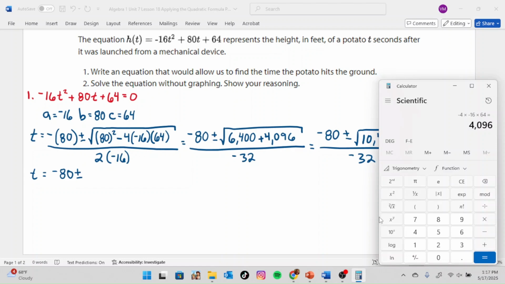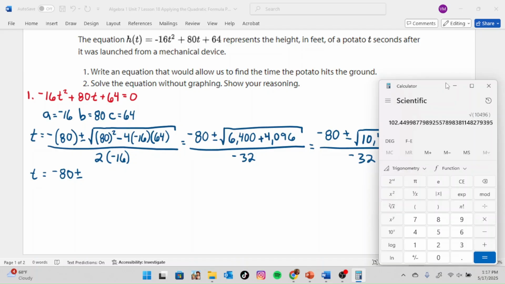So if we put the square root of 10,496 into a calculator, notice this is going to be an irrational number. So we could leave it like this, but this does not make a lot of sense right now. This would be very hard to piece together an answer in relation to time.